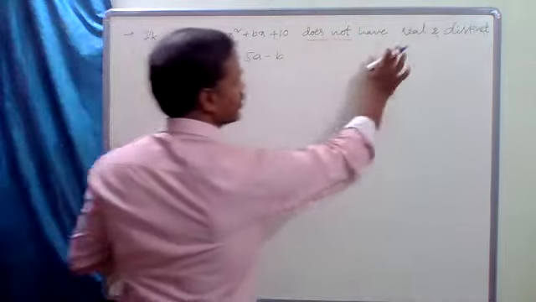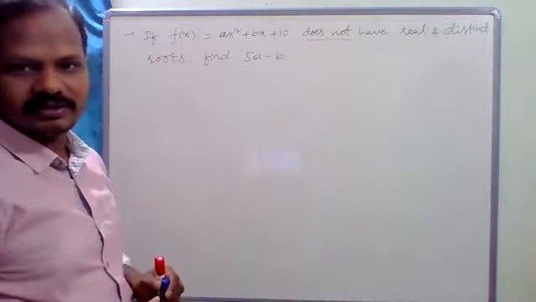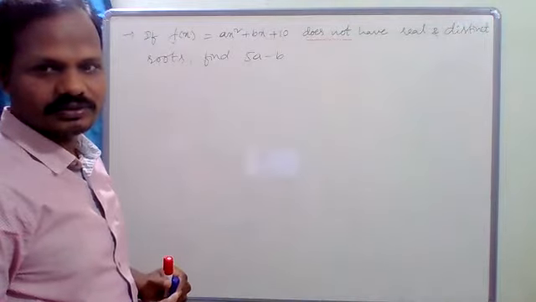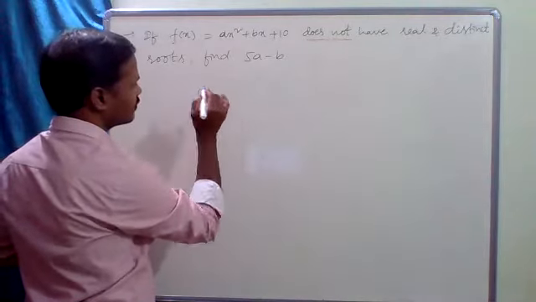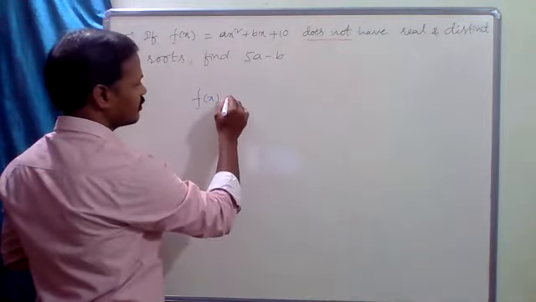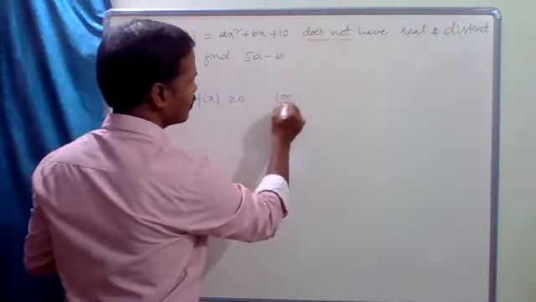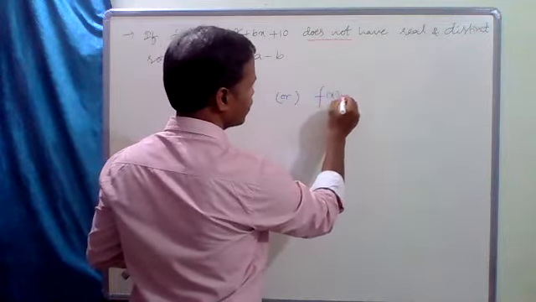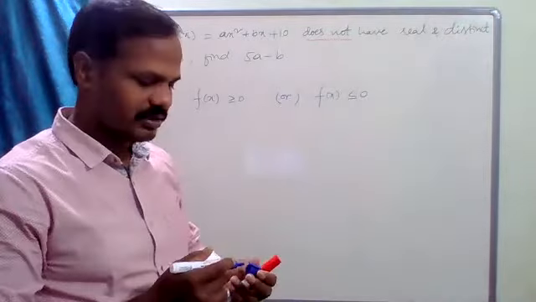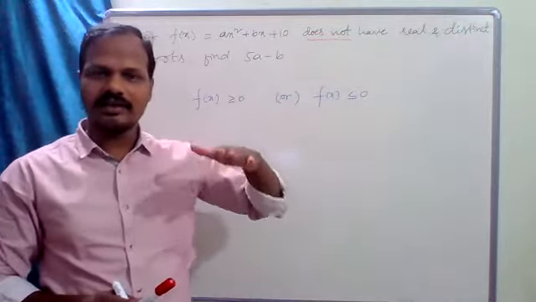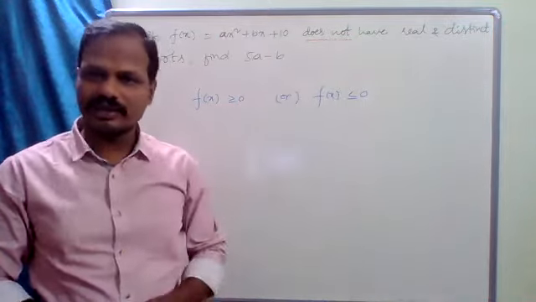Does not have real and distinct means it has imaginary roots, so f of x is either greater than or equal to 0 or less than or equal to 0. The graph of the function is either completely above the x-axis or below the x-axis.